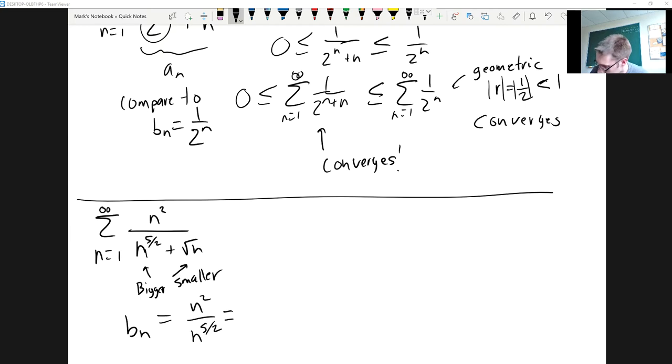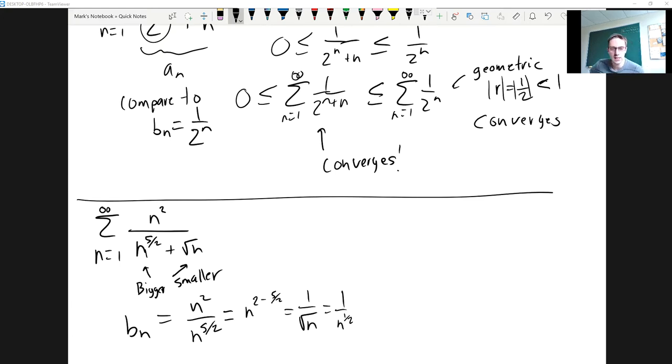That would just be like, well, there's 2 and then 5/2 in the bottom, so that would just be n to the 2 minus 5/2, or n to the negative 1/2, which is 1 over root n. Those are all equivalent ways of writing the same thing.